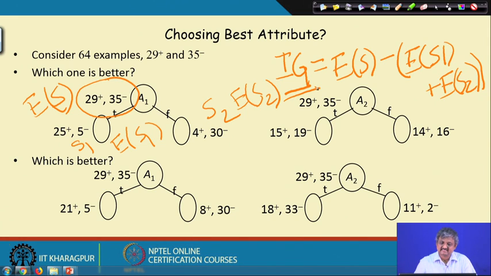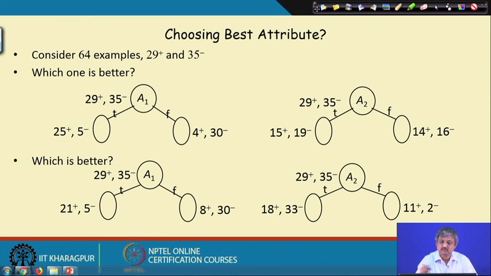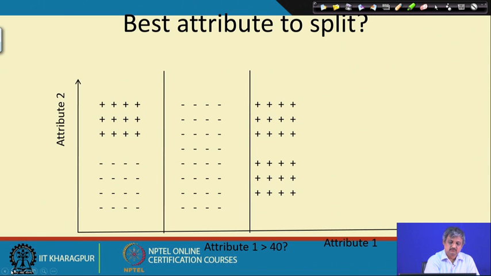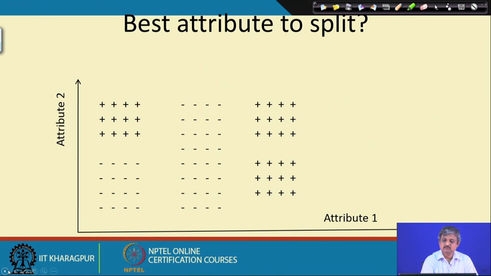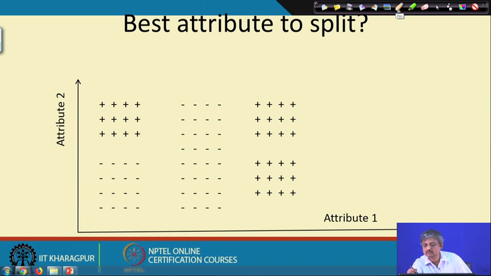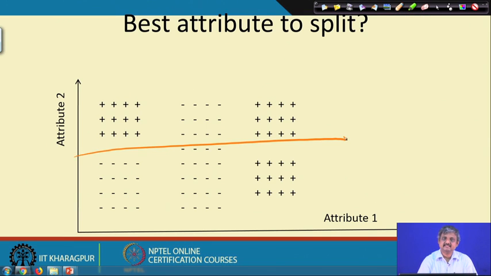So, again if I come back to that illustrative example, this split leads to good reduction in entropy because they become purer, whereas this kind of split does not lead to much reduction in entropy because the children are also impure.